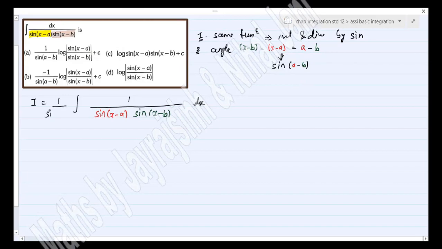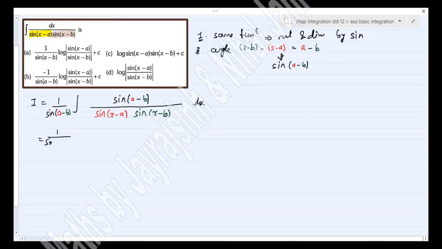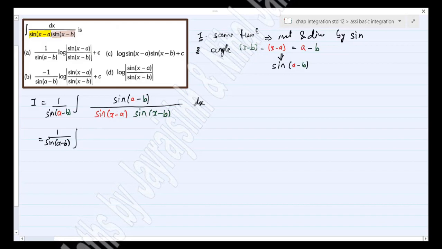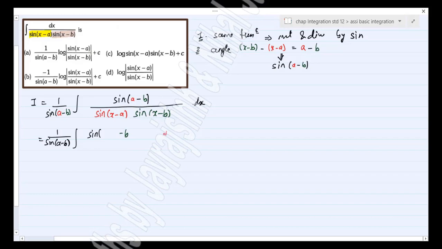So let's use this conclusion. Multiply and divide by sin(a minus b). Now this sin(a minus b) will remain as it is throughout the question. Now let's try to get x minus a and x minus b. We already have a and b. So let's write down what we have. We have minus b and plus a.